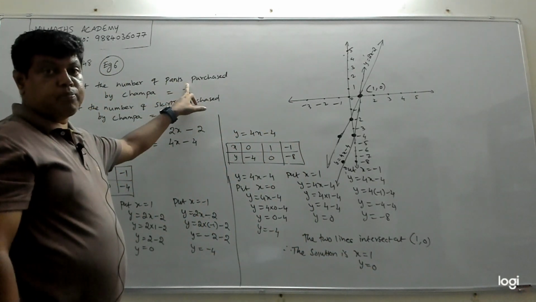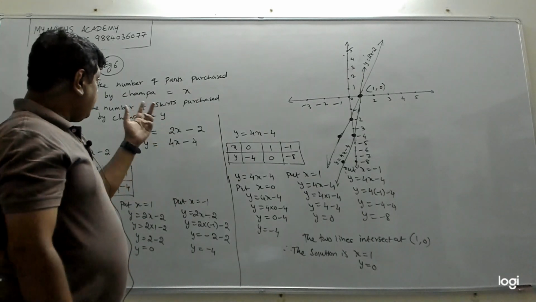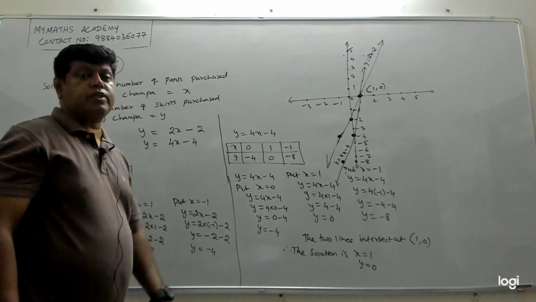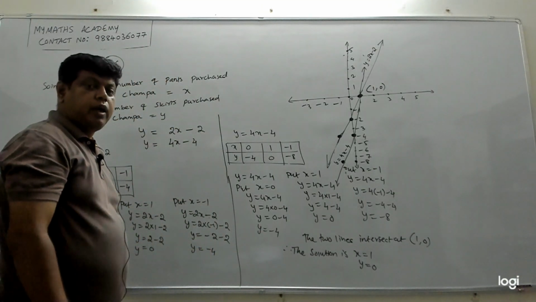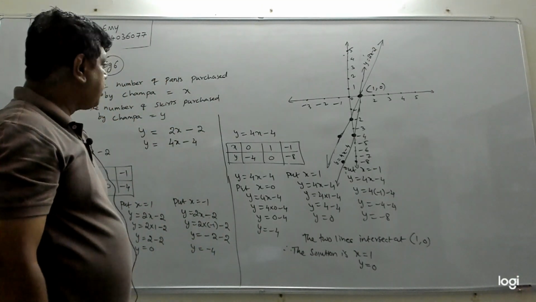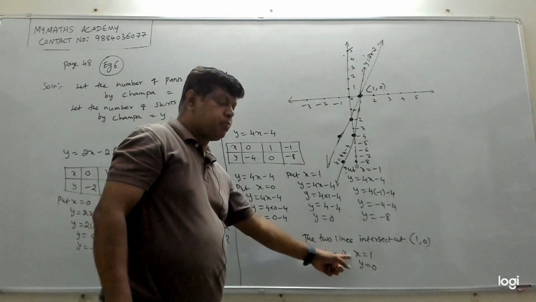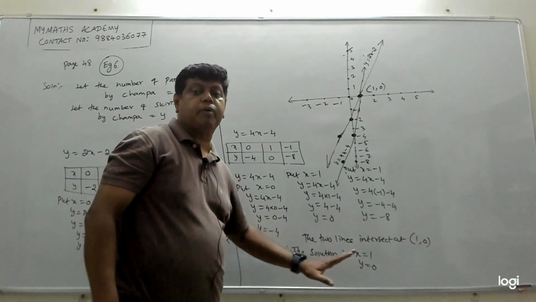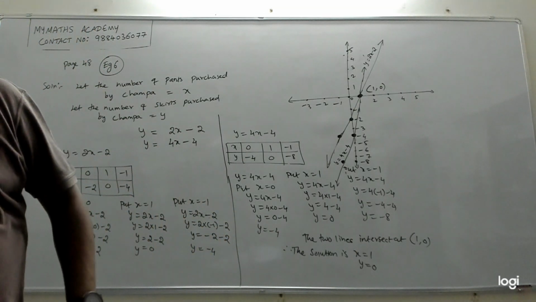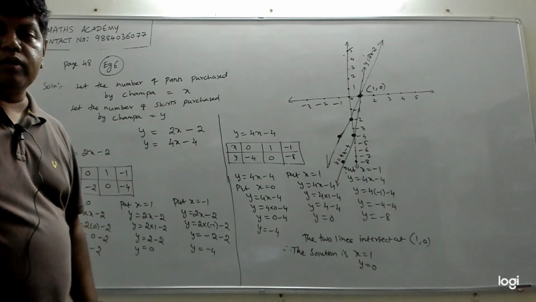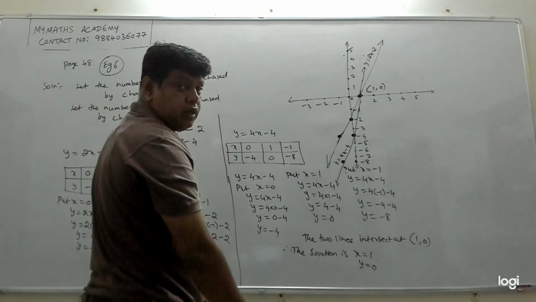So number of pants she purchases is 1, number of skirts she purchases is 0. So she did not purchase any skirts. So you should write finally, number of pants is 1 and she did not buy any skirts.